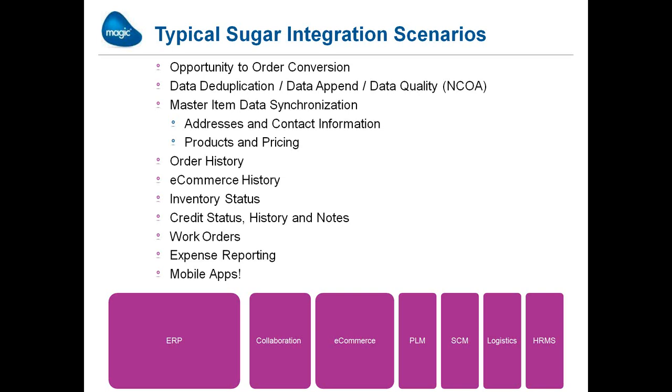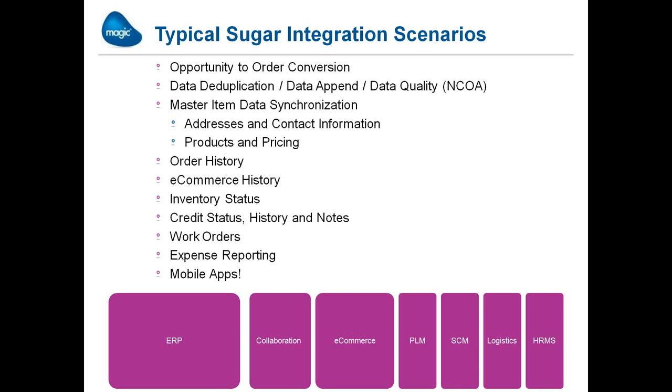Master item data synchronization is a huge requirement. The address and contact information in your CRM system is gold. It's valuable, and it also relates to the very same people with the same addresses and contact information as are recorded in your human resource management system, or as are recorded in your ERP system with your customer database.